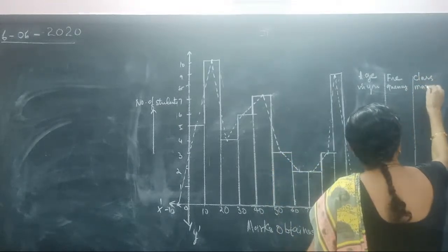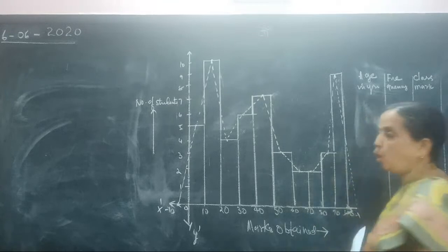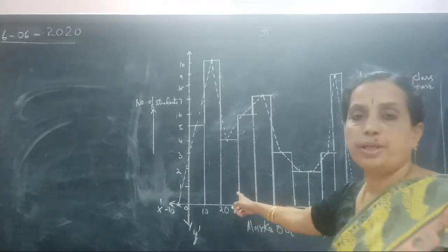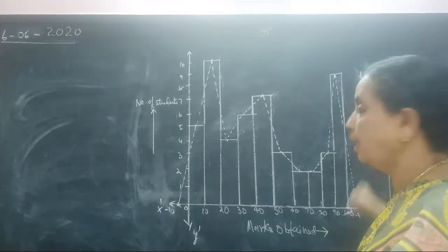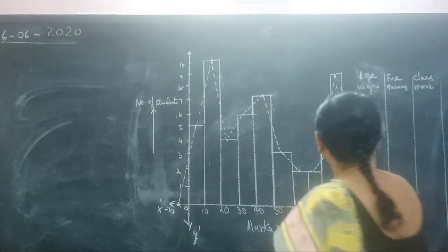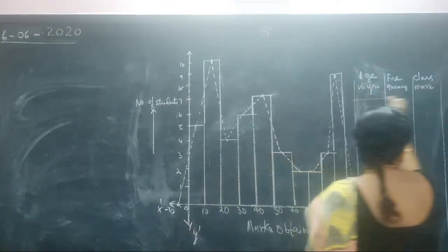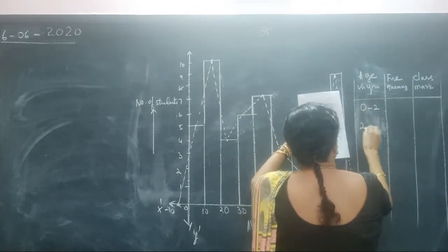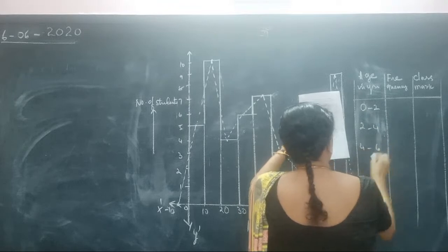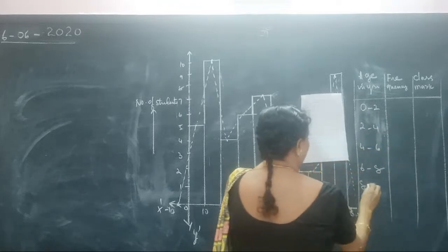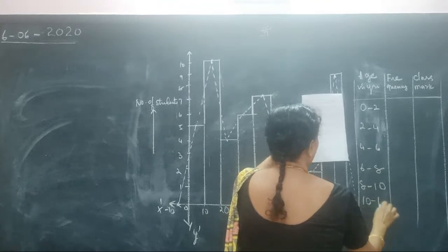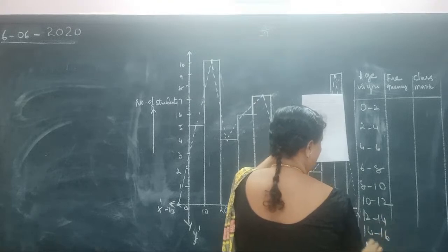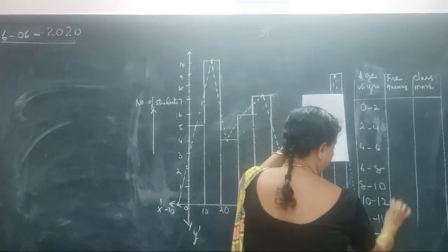We write class mark as the condition to plot the frequency polygon without histogram. That was using histogram. Next one here is without histogram. Now the class intervals are 0 to 2, 2 to 4, 4 to 6, 6 to 8, 8 to 10, 10 to 12, 12 to 14, 14 to 16, 16 to 18.